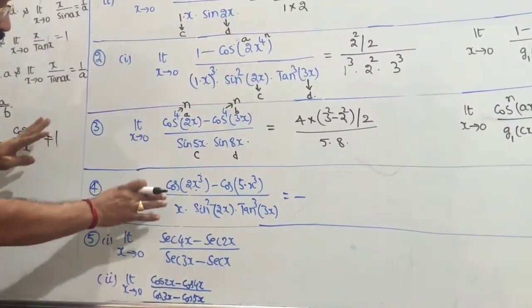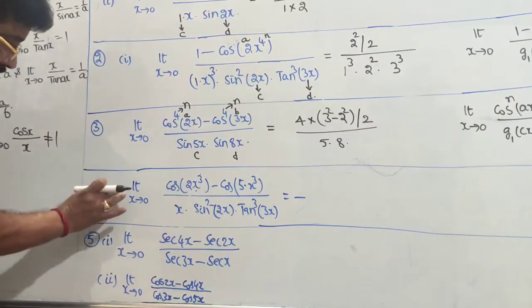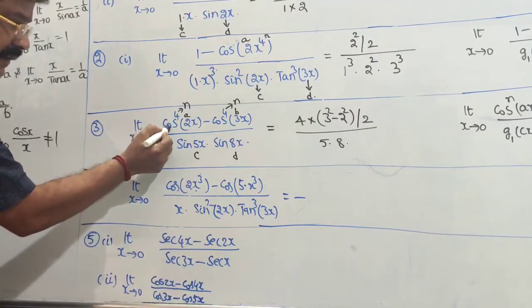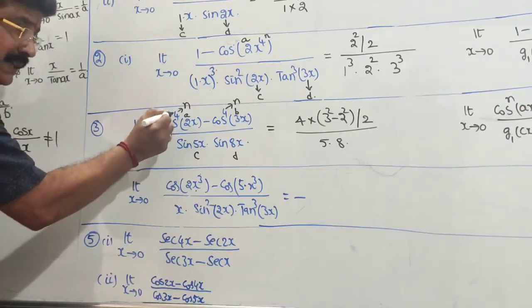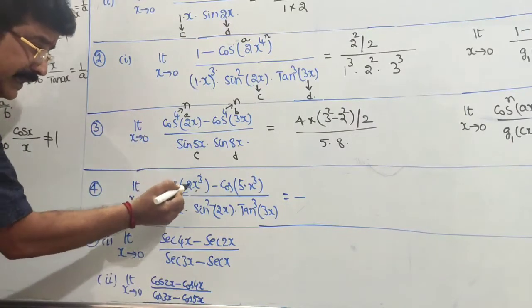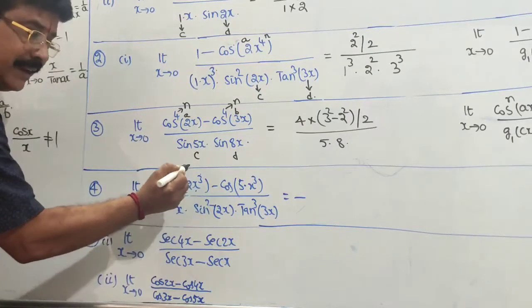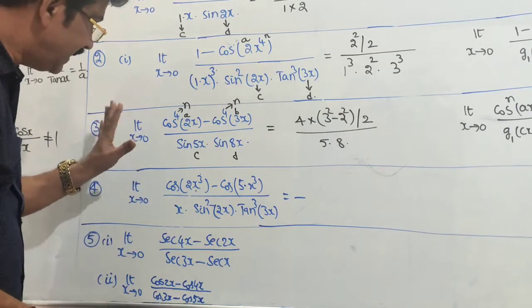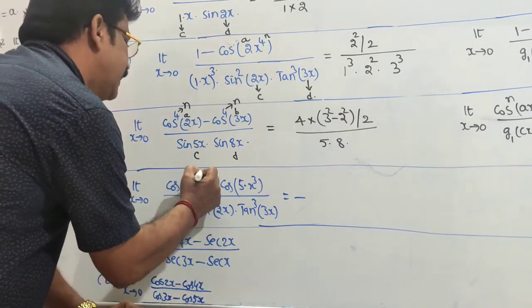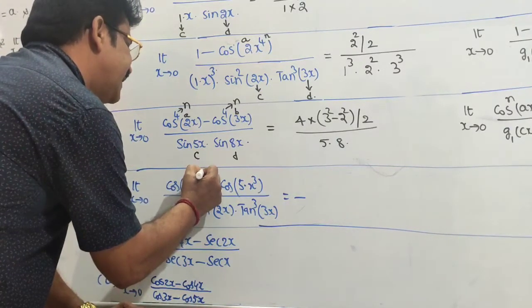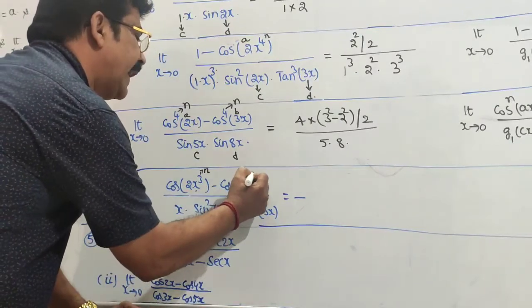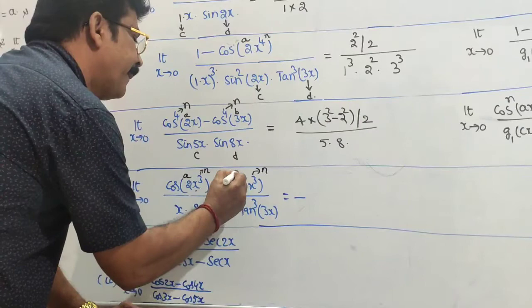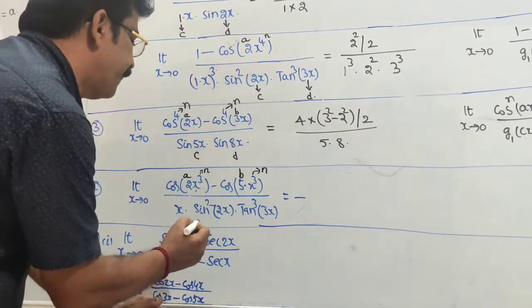Now what is the difference between 3 and 4? Same as 1 and 2. Here the exponent of cos is 4, but here the exponent of x is 3. So we ignore the n, which means 3. Actually it is 3, it is n. Okay, it is n. Next, this is a, this is b.